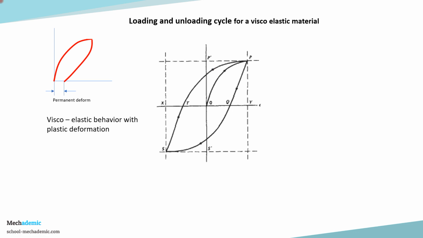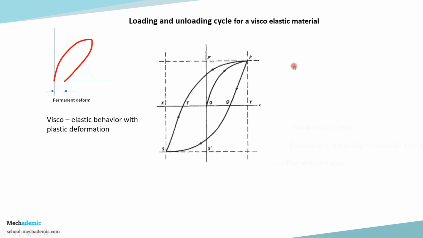And that area inside the loop, that is the energy lost, will tell us how much inherent damping the material has. And that is a very important property which we have to consider in design. Generally, glassy hard plastics will have minimal damping behavior, whereas flexible plastics and ductile plastics will have more damping behavior to them.